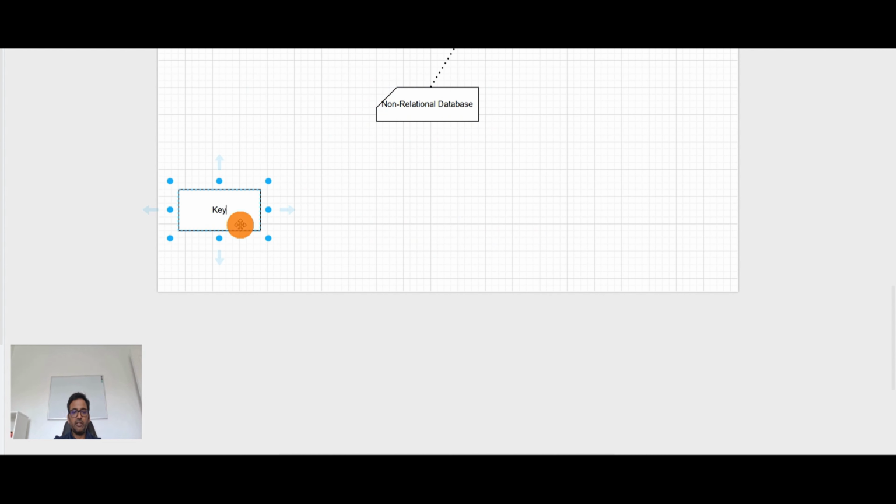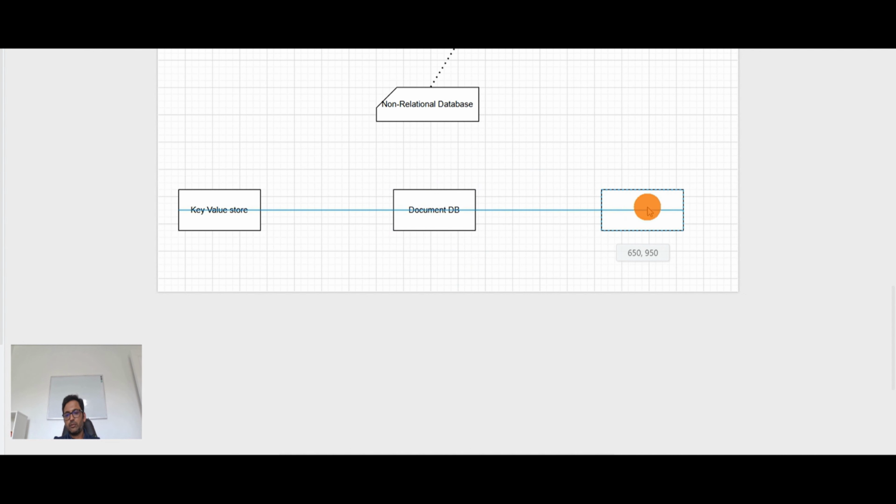We have key value stores, and we have DocumentDB, and we have ColumnR. Depending upon what is most suitable for us, we can choose.